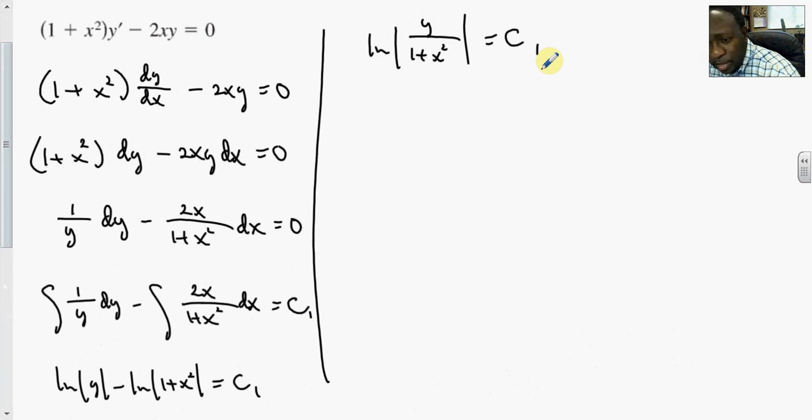Let's see a change. Exponentiate both sides, e to the natural log of the absolute value of y over 1 plus x squared is equal to e to the c sub 1.